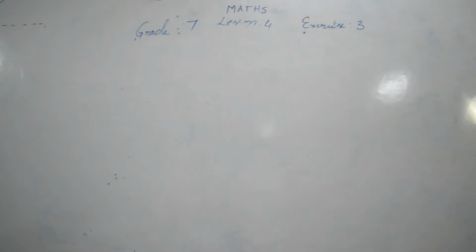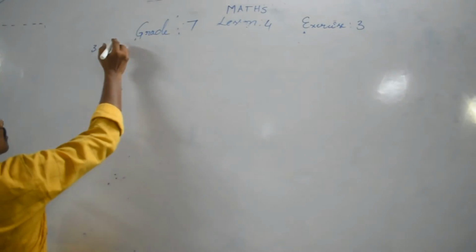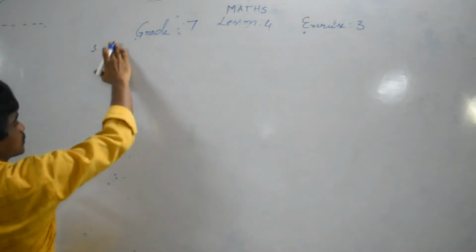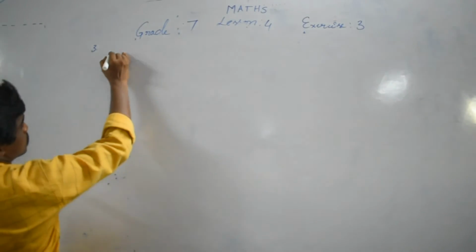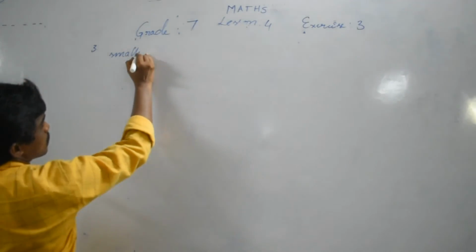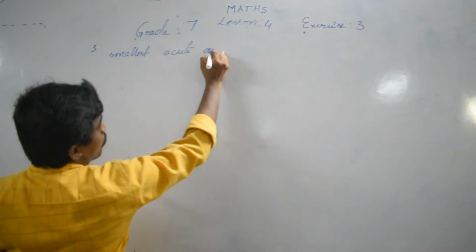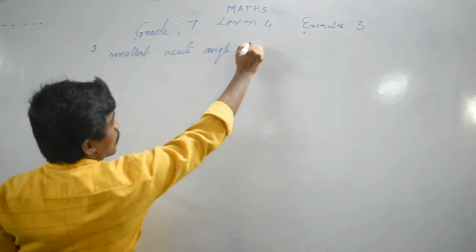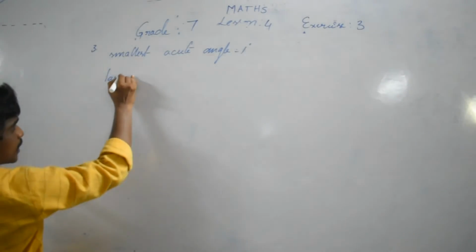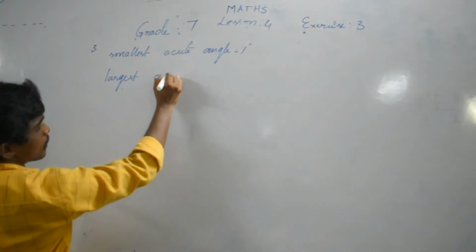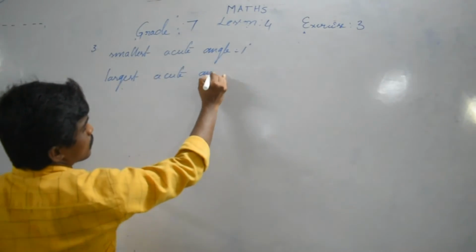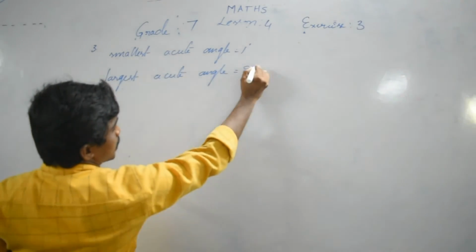Next problem. Two acute angles cannot form a pair of supplementary angles. Let's verify. Here, two acute angles. The smallest acute angle is 1 degree. Next, the largest acute angle is 89 degrees.